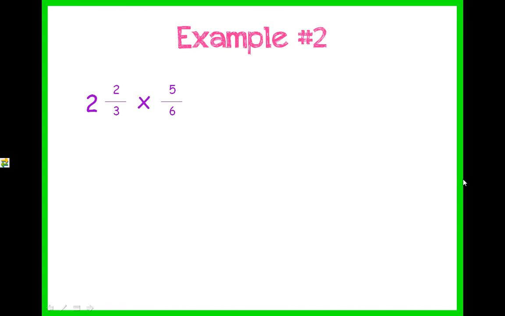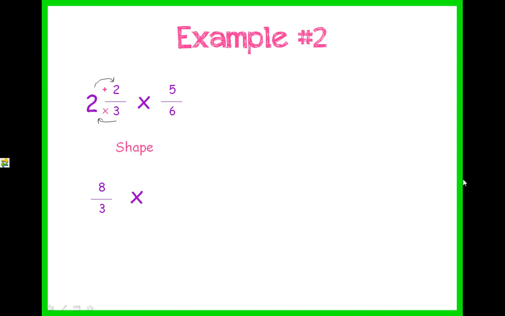Example number 2. Need to shape. You're going to change your mixed number into an improper fraction. To do that, you're going to multiply, then add. 3 times 2 will give you 6, and 6 plus 2 is 8. So that'll be 8 over 3.